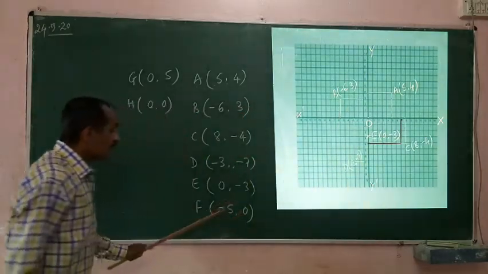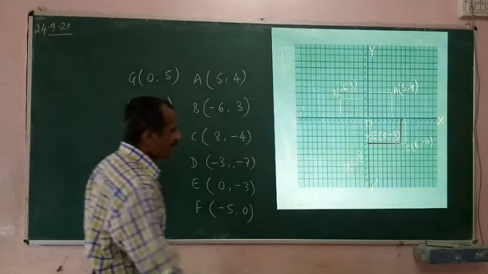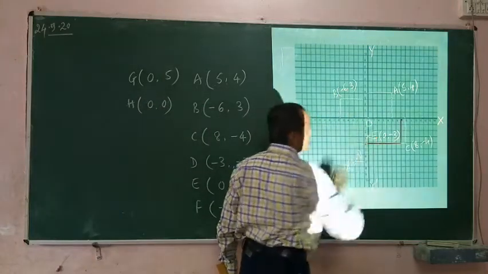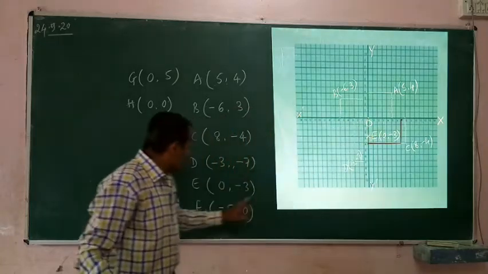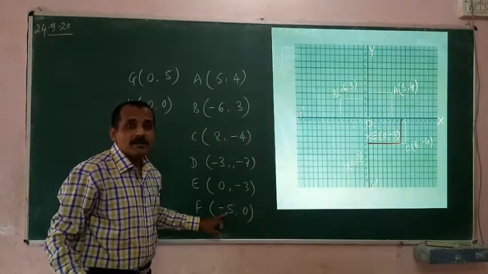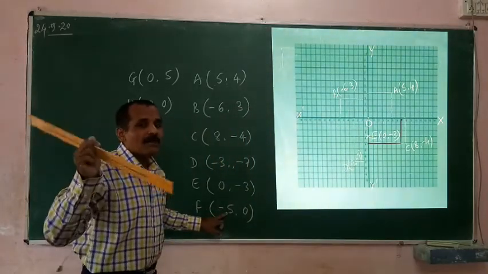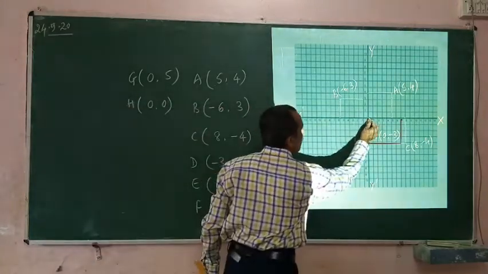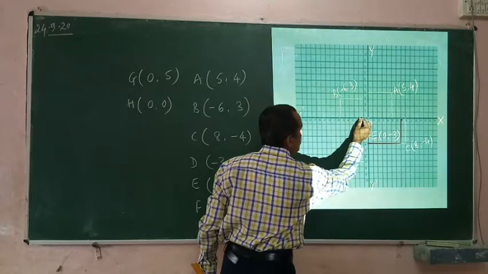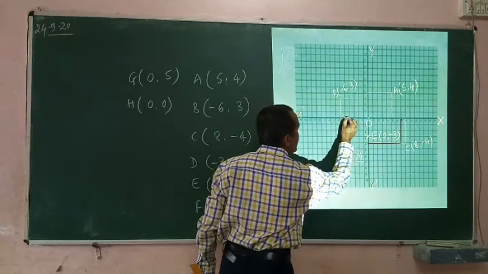Come on. Minus 5, 0. Again, I am standing here. My journey starts from here. What are the instructions given to me? Go to minus 5. Which axis? On the x-axis, go to minus 5. See, on the x-axis, minus 1, minus 2, minus 3, I am standing here.